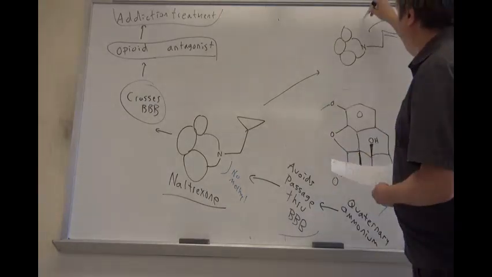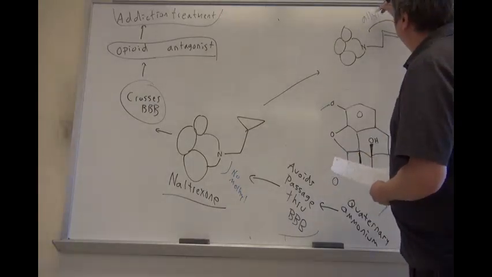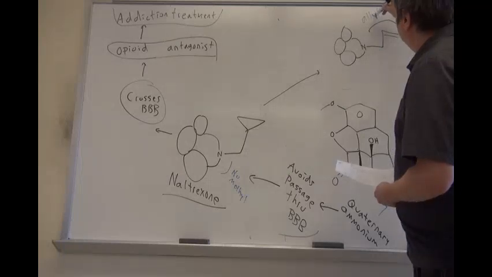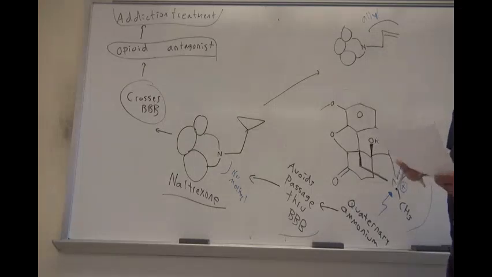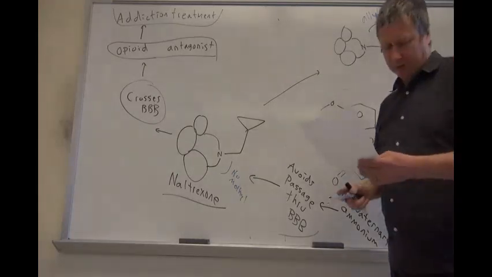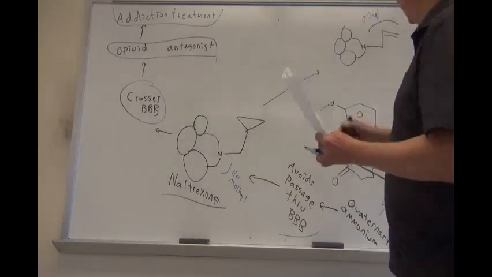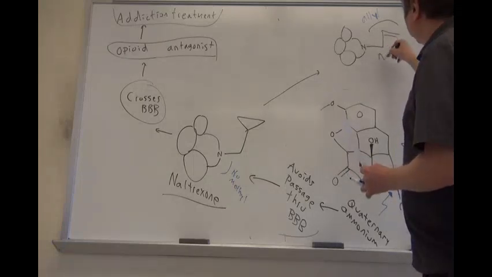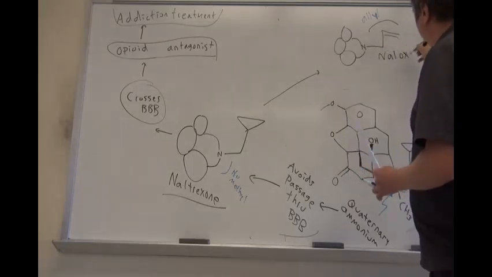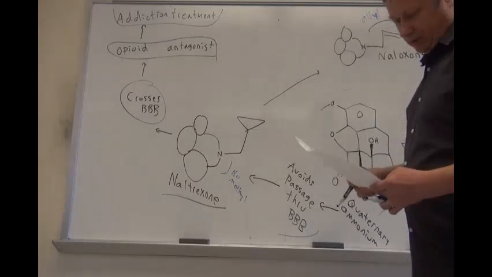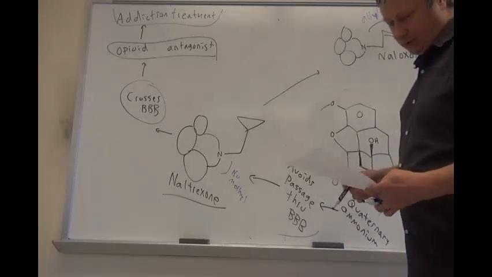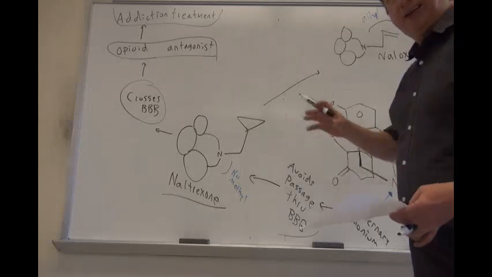Allyl, A-L-L-Y-L, is where you have a carbon and then an alkene. And this is yet another molecule. This is called naloxone, and naloxone is another opioid antagonist.